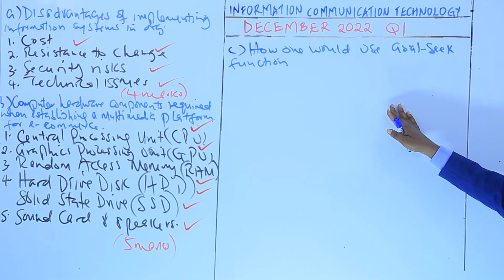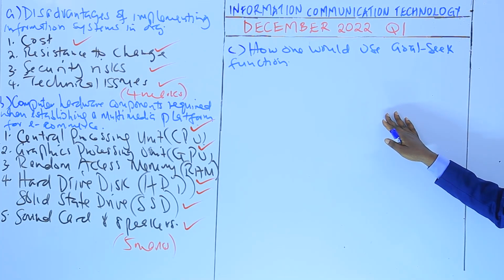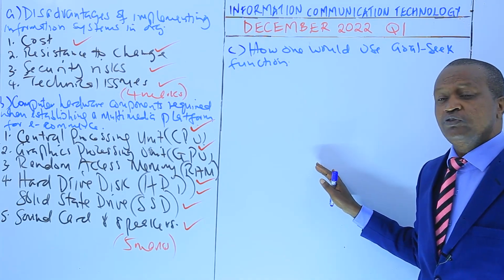So that is an example of, the question says, explain, using an example, explain how one would use goal-seek function in a business. And that is how one would use goal-seek function. I've given you an example of where a business would want to achieve a certain profit, but it does not know the number of units to produce.